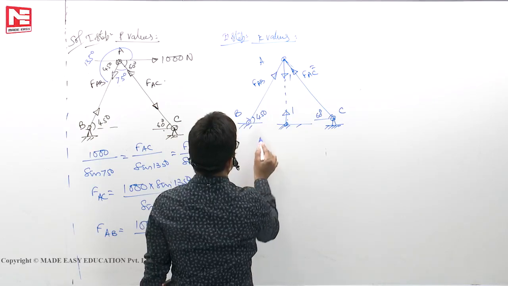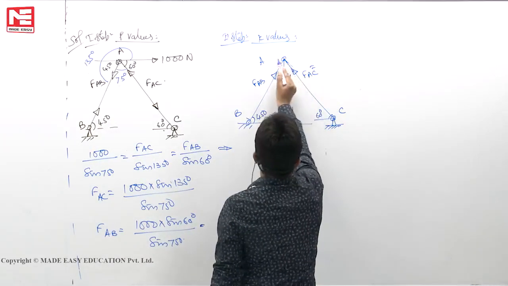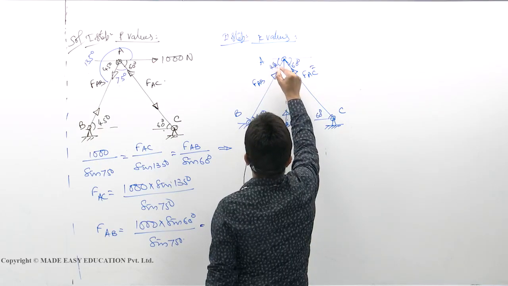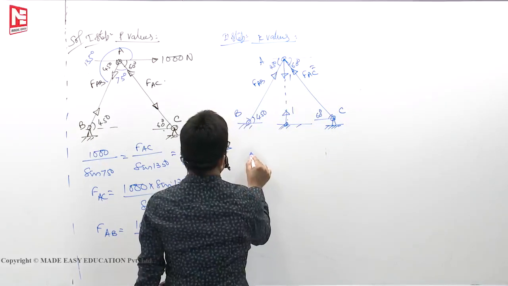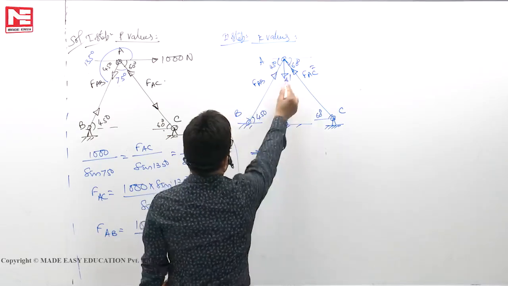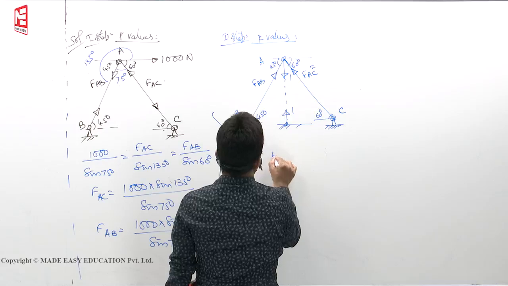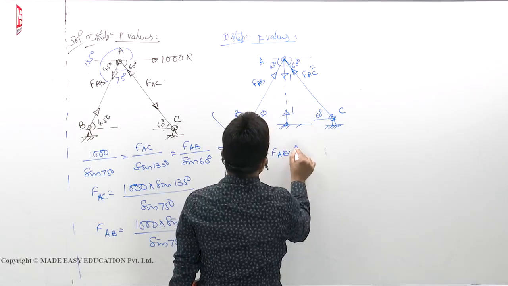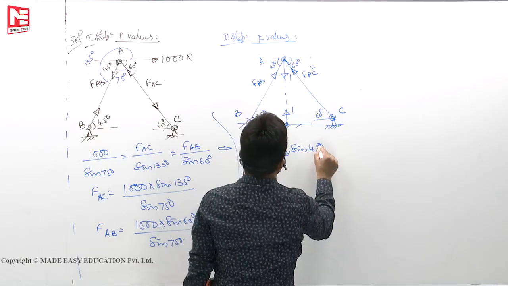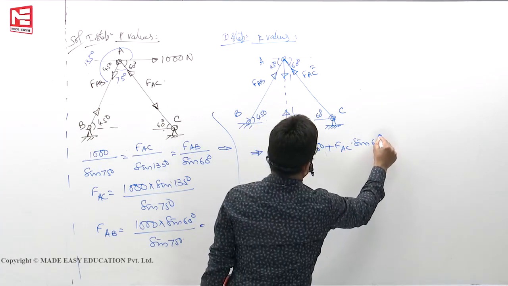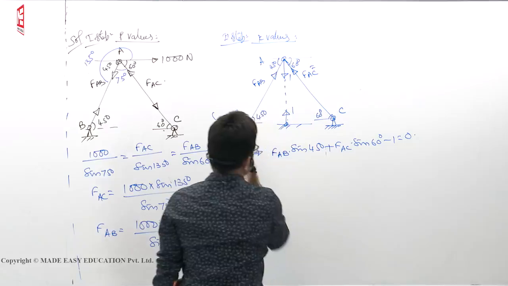Now if I take sigma x is 0, sigma y is 0 also we can make. This angle is also 60 degrees. This angle is 45 degrees. So you will get for this one, sigma y is 0: FAB sine 45 plus FAC sine 60 minus 1 is equal to 0.